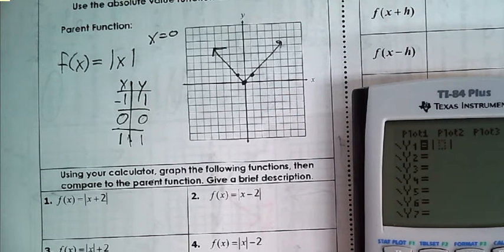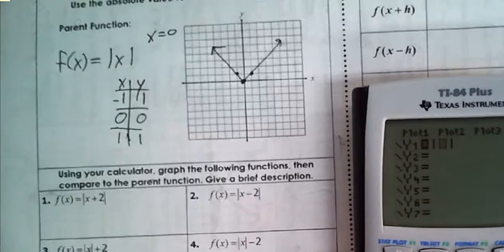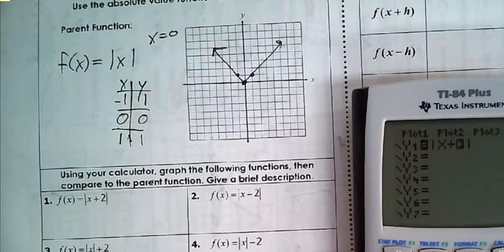Now, we want to plug in x plus 2. The x button is right here below the mode button. So press x plus 2. Now, move your cursor outside the absolute value.